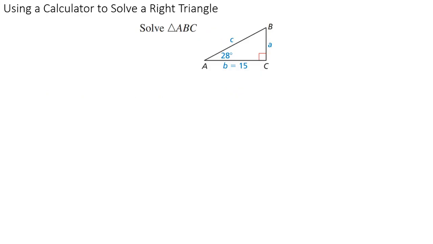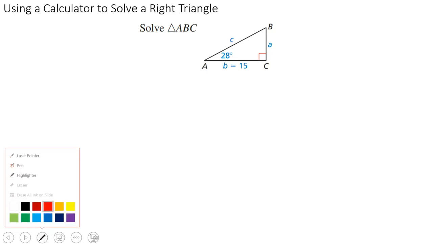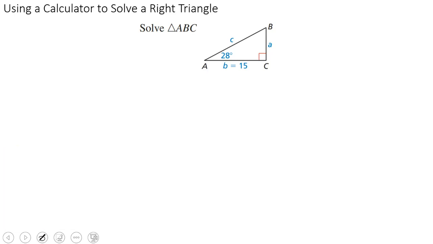Solving a right triangle. Using a calculator to solve a right triangle. In solving a right triangle, we need to identify all the values of our angles, which includes angle A, angle B, and angle C. We also need to identify all the measurements of our sides, side A, side B, and side C. For our solution, first, step 1, we need to identify our given.